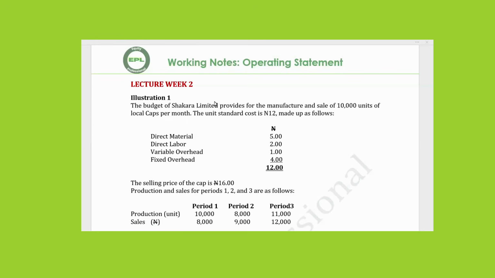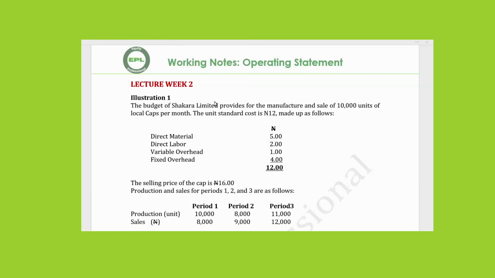What are the points you need to take into consideration? The first point is that opening and closing stocks are valued at total cost per unit. Then point number 2, fixed production overhead is part of a production cost. Point number 3, fixed production overhead will vary, depending on the activity level. The more you produce, the more fixed production overhead you are going to incur under the absorption costing method.